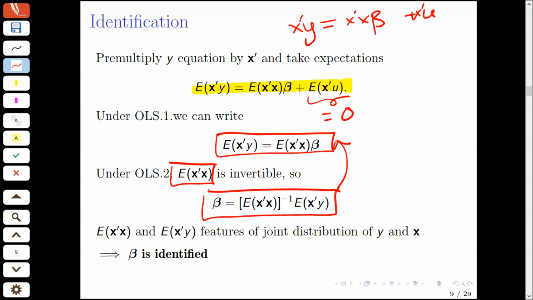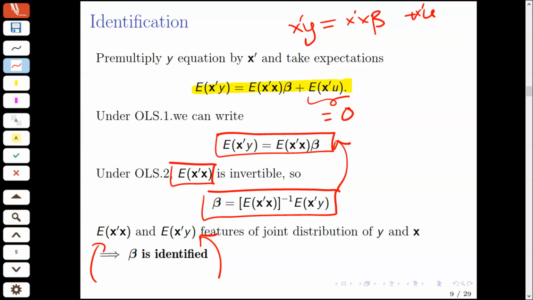Now note here that we've completely expressed beta as a function of two components: the expected outer product of the regressors and the expectation of x prime times y.